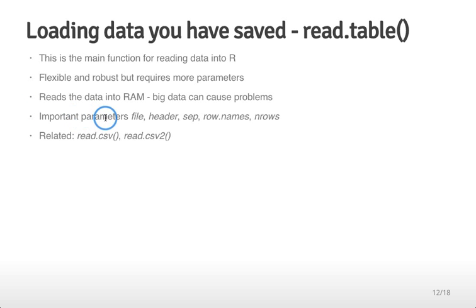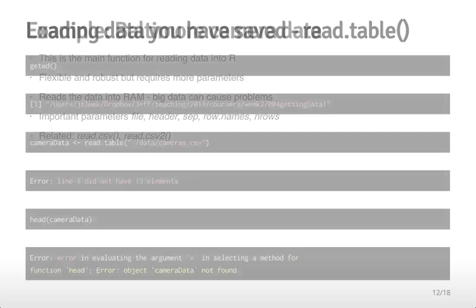The important parameters here are the file that you're trying to load, whether it has a header line, what separator is used to separate the data values, the row names, and the number of rows to read in. The related functions read.csv and read.csv2, which I'll talk about in just a minute, are basically versions of read.table where some of the parameters are set in advance.